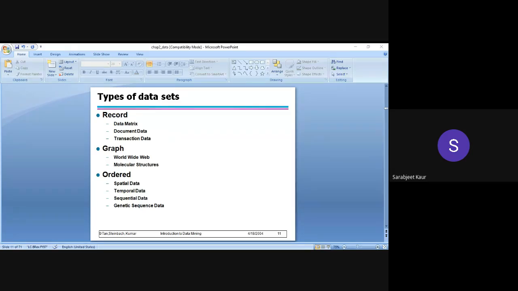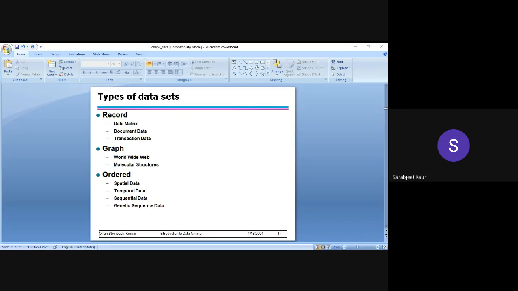And this kind of data is known as the record data. Now, what we are interested in looking at here is the different types of data that we generally encounter for data mining, which fall under the purview of record data sets.